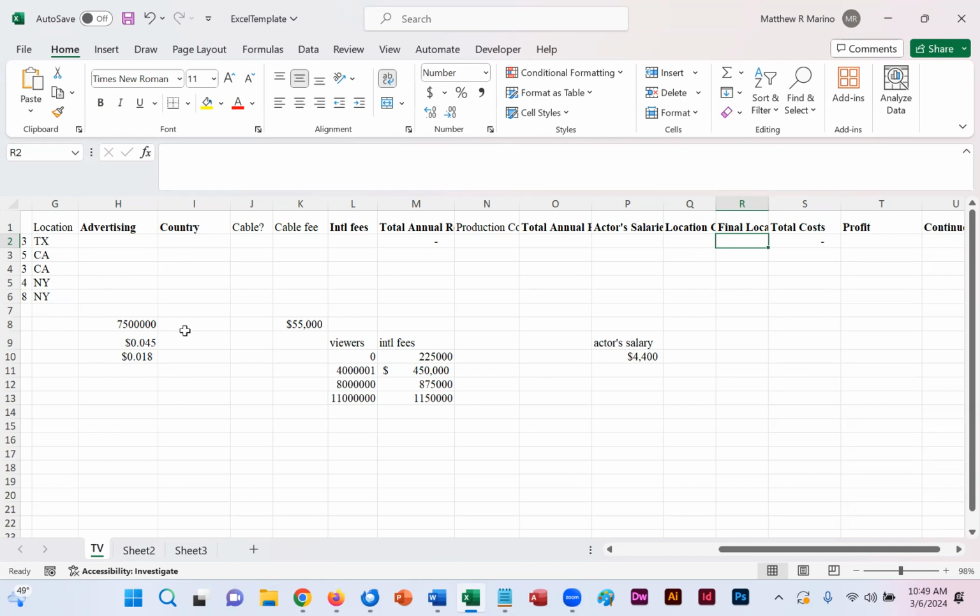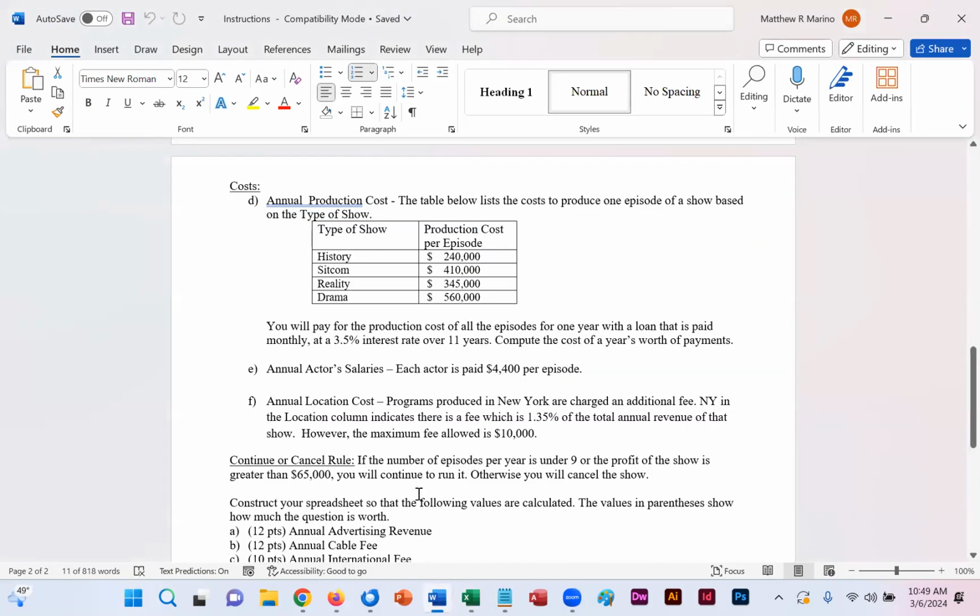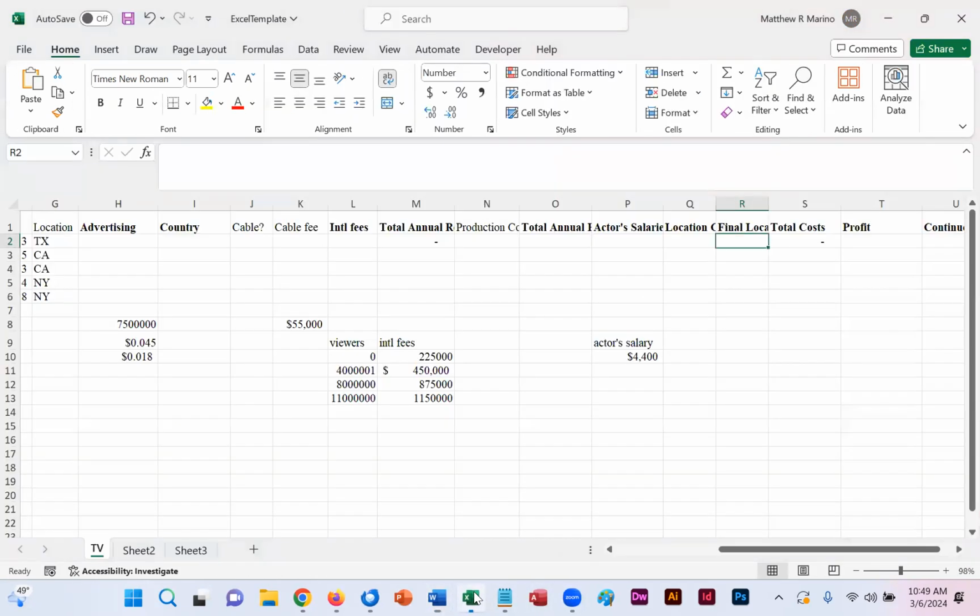Could you repeat? So you would do if and then location cost is less than 0. Yep, you do if your location cost here in column Q is greater than 0, comma, then you do the minimum function for your true value to check to see whether that 10,000 we have here is the maximum fee allowed. So you have to put that as an assumption down here somewhere. So 10,000, 1.35%.